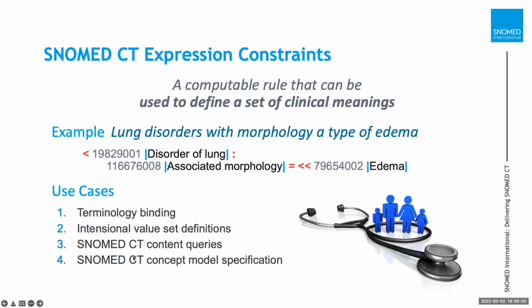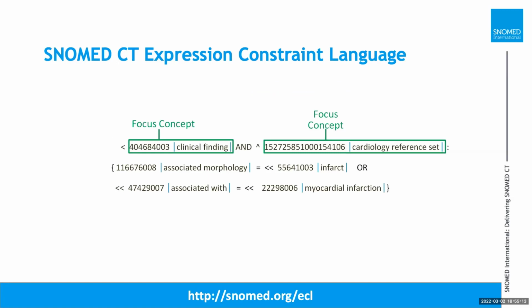And as I've just shown you here, we can use it for queries, and we also use it to specify rules for how you can post-coordinate or create new concepts. There is a certain structure. It has focus concepts. There is a constraint operator. You can use it to reference membership of a specific reference set.